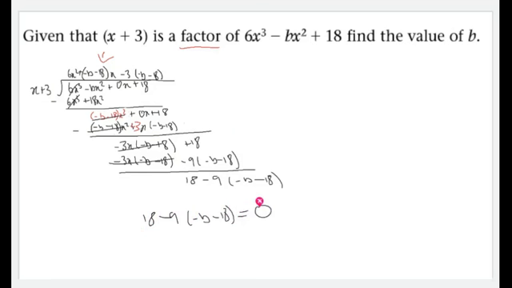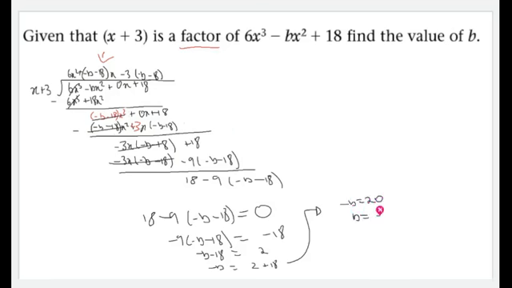Then I can just solve this for b, which gives me b is equal to minus 20.